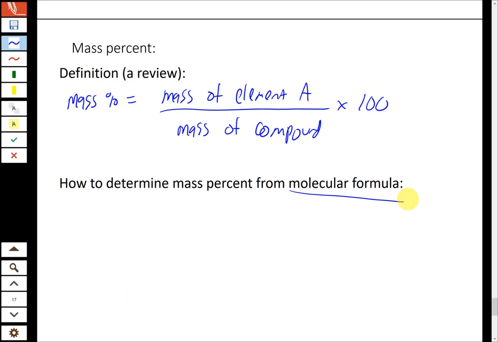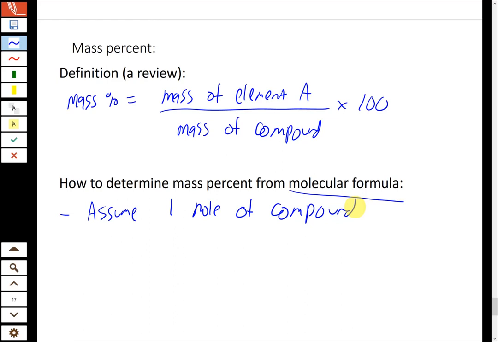So the way that this works is, if we assume that we have 1 mole of compound, you have to remember that mass percent is what's called an intrinsic quantity. It applies to however much of that substance we have. So if we have 1 molecule of that substance, or a whole mountain of that substance, it's always going to have the same mass percent. It doesn't depend on the amount of substance we have.